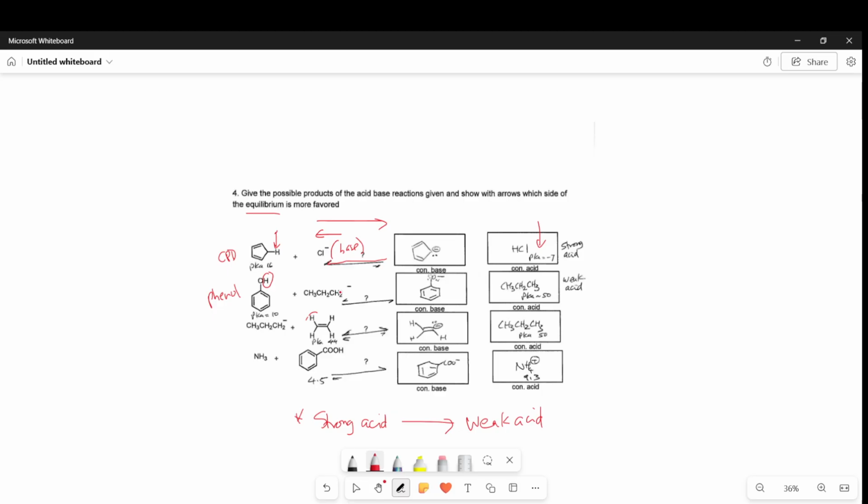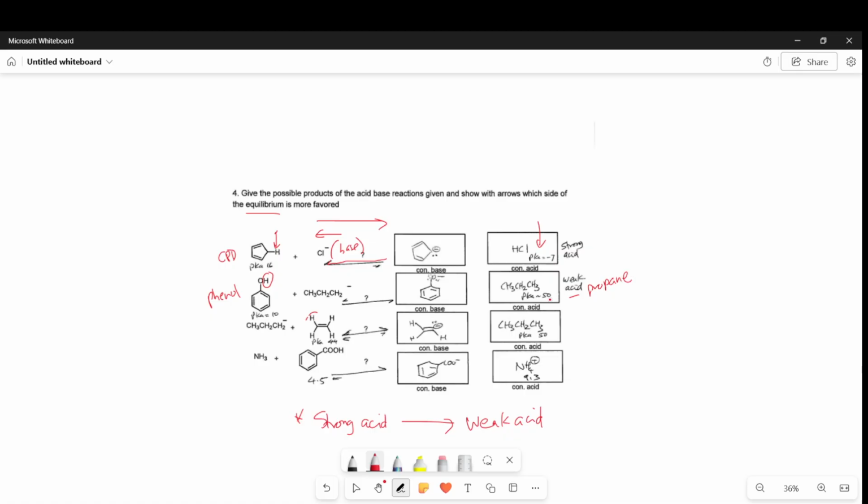And you have this strong base. This is an alkane when one proton has gone. So this is a very strong base. Now you are generating this phenoxide anion, which is a base. And here you have a pKa of 50, a very weak acid, propane. So you generated propane, which is an alkane.